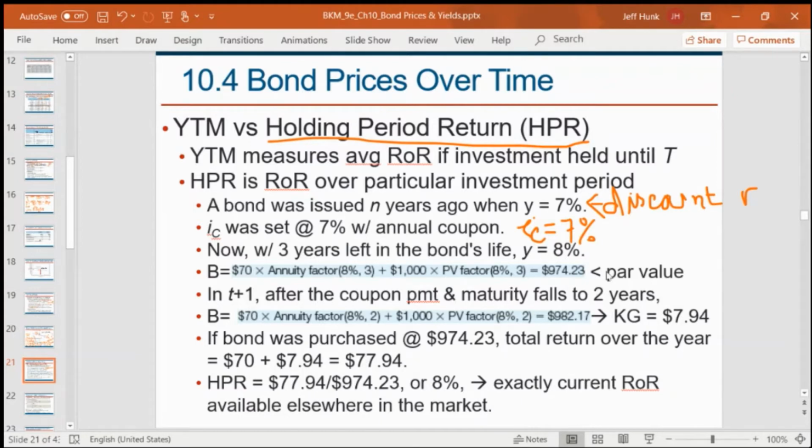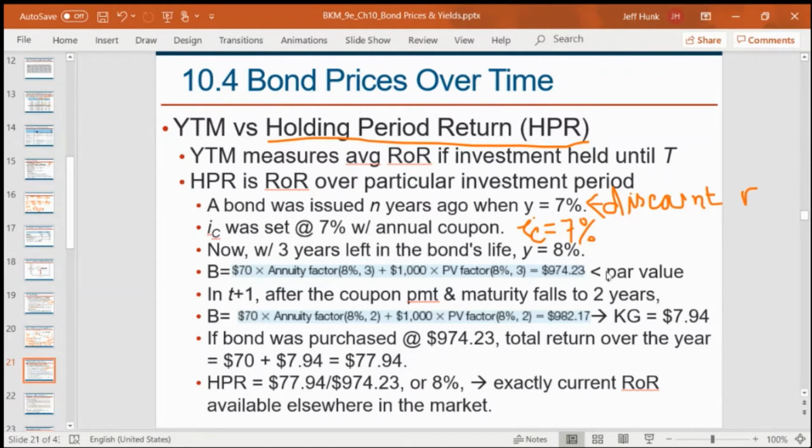What can you tell about the price of this bond? In other words, was that a premium bond or a discount bond, or otherwise?